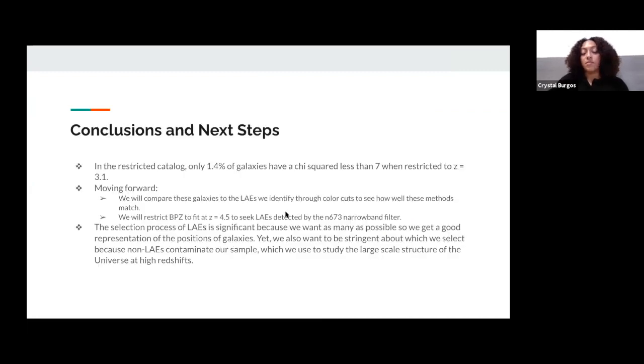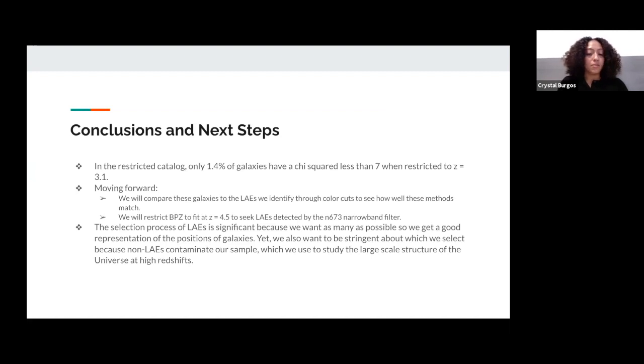So what do we conclude from this? We know that in the restricted catalog, only about 1.4% of galaxies have a chi-squared value less than 7 when we restrict to a redshift of 3.1. And so moving forward, we're going to compare the galaxies to the Lyman alpha emitters that we identified through color cuts to see how well our methods compare to the methods that have been used in the past.